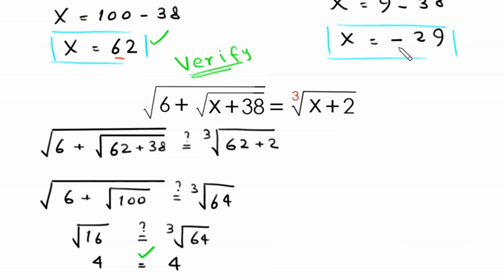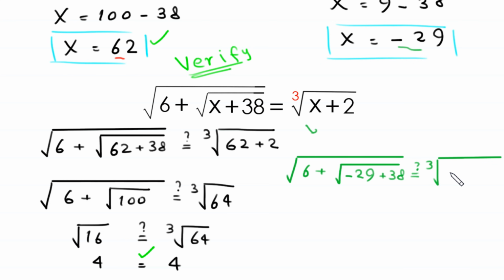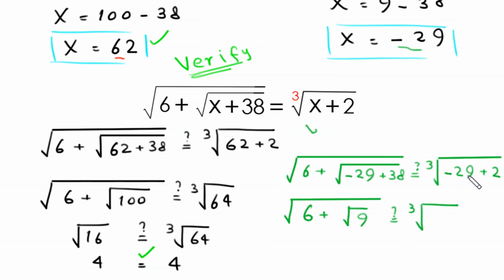Now when x is negative 29, then this will become the square root of 6 plus root negative 29 plus 38. Is this equal to the cube root of negative 29 plus 2? Now this left hand side will become the square root of 6 plus root 9. Is this equal to the cube root of negative 29 plus 2, which is negative 27?